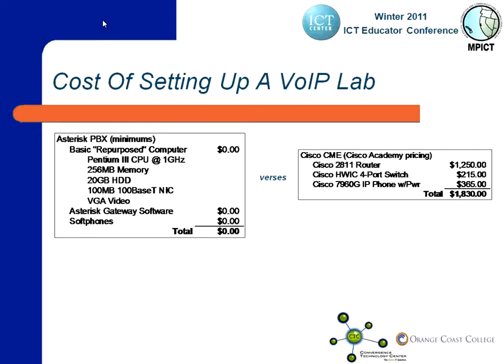And you'll need a Cisco phone with power over Ethernet, or with power. This is assuming you don't even have a power over Ethernet switch. And that's $365. So for a single station, almost $2,000. I kind of like that, don't you? I like that over that.